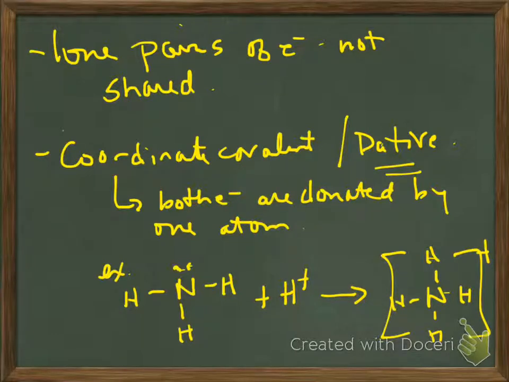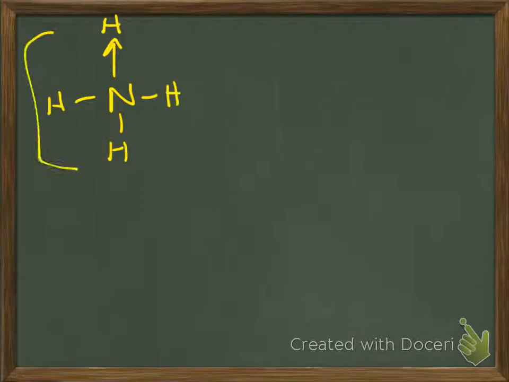You do need to draw brackets and the sign for a polyatomic ion for a Lewis structure, or you would be incorrect. Sometimes a coordinate covalent bond is shown with an arrow indicating that that atom has donated both of those electrons to the bond.